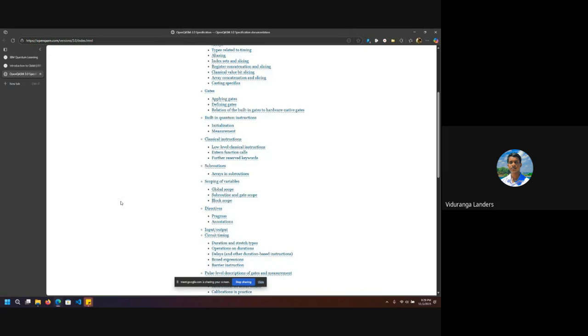But anyway, you are compiling everything down to assembly because at the end of the day, you have to run everything on the basic fundamental blocks. Similar thing with OpenQASM. You have all the fundamental blocks needed for a quantum computation.